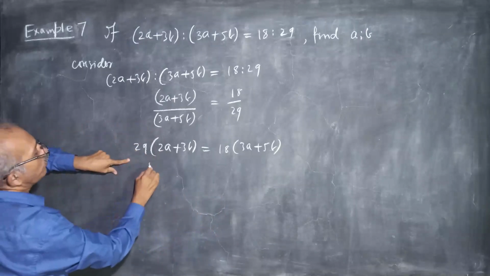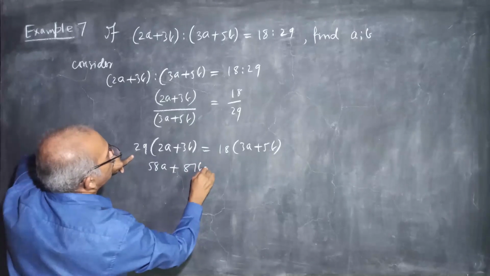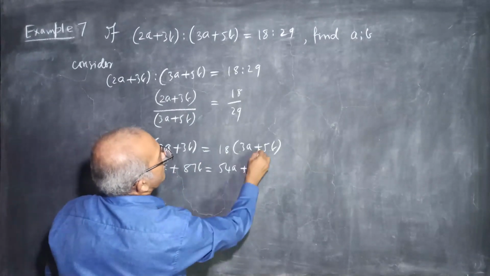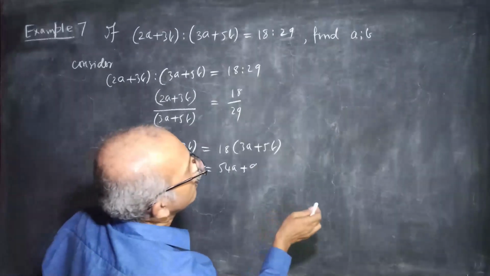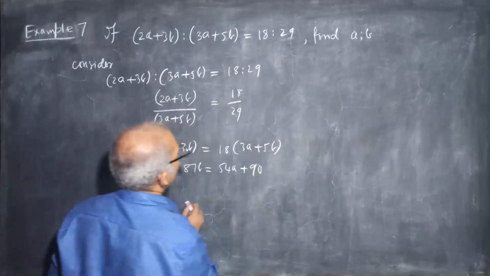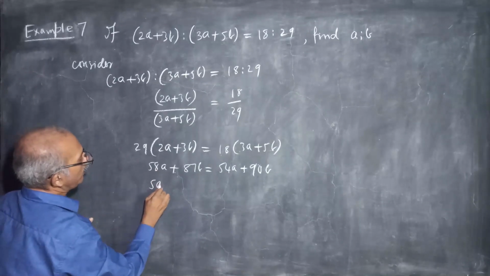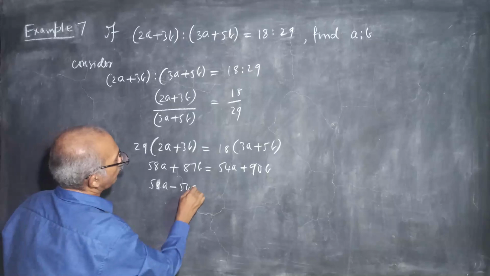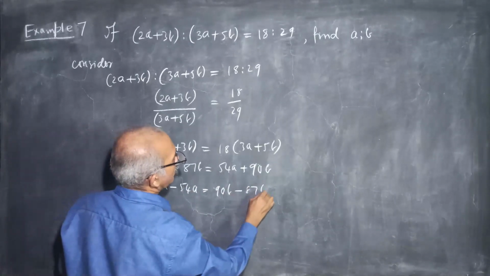So here 29 twos are 58a plus 29 threes are 87b is equal to 18 threes are 54a plus 18 fives are 90b. So here 58a minus 54a is equal to 90b minus 87b.